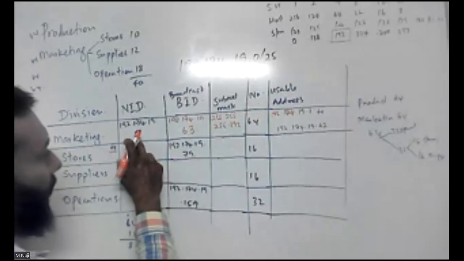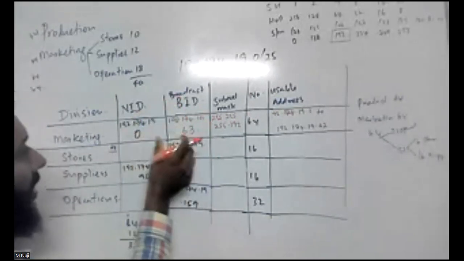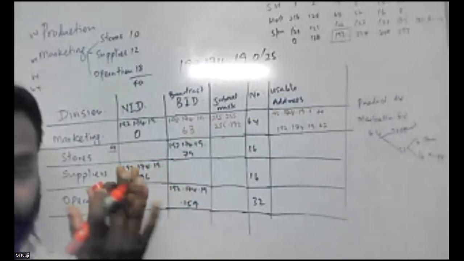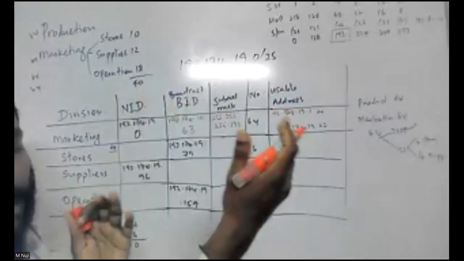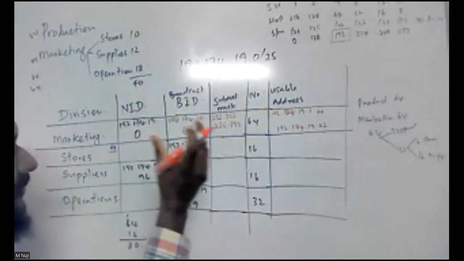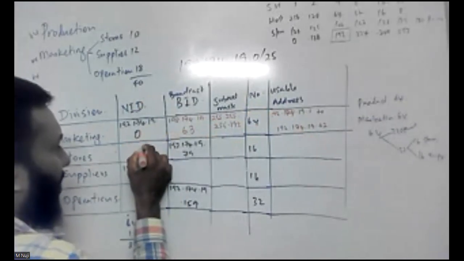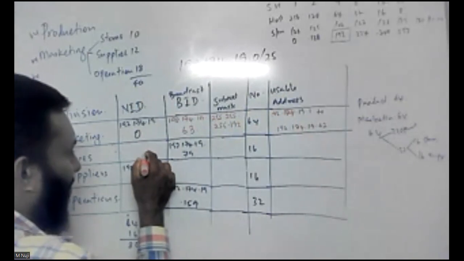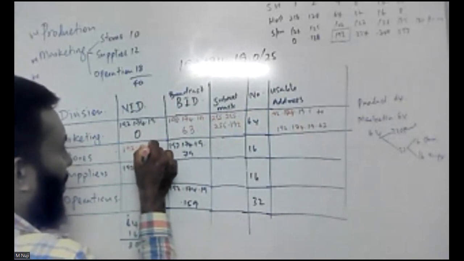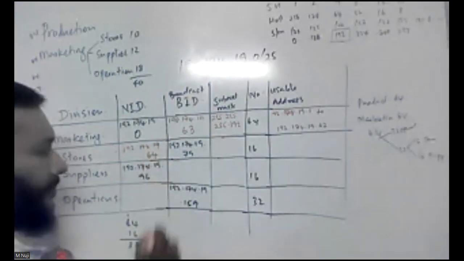The last digit is 63: 0 to 63 means altogether 64 nodes. So 0 plus 64 means your next network is 192.174.19.64.